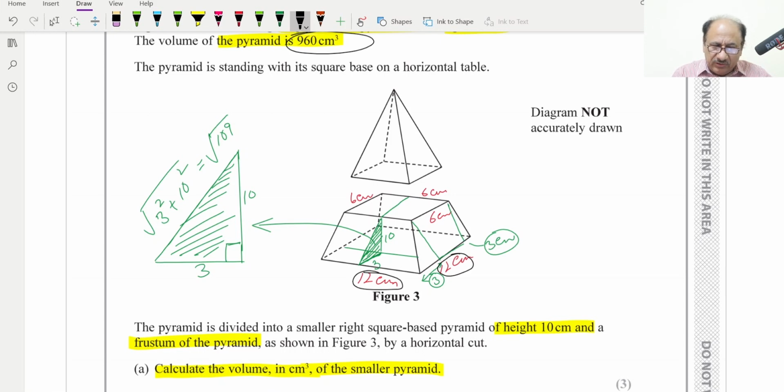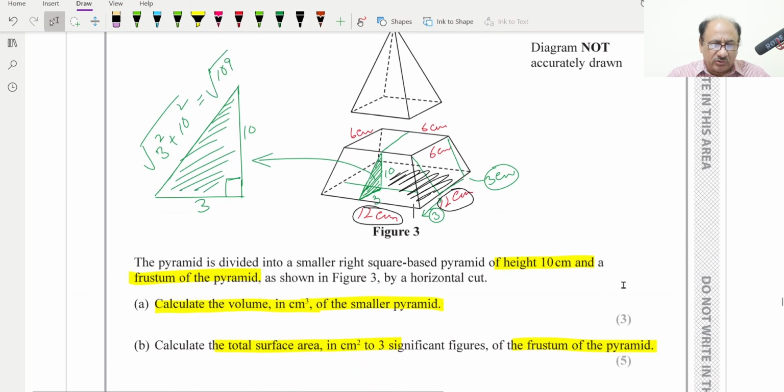So the base of this bigger shape, if I show you from this drawing, is 12 into 12, which is 144.